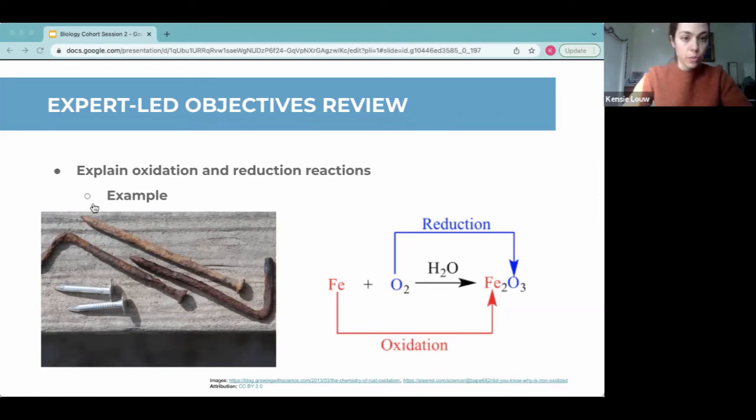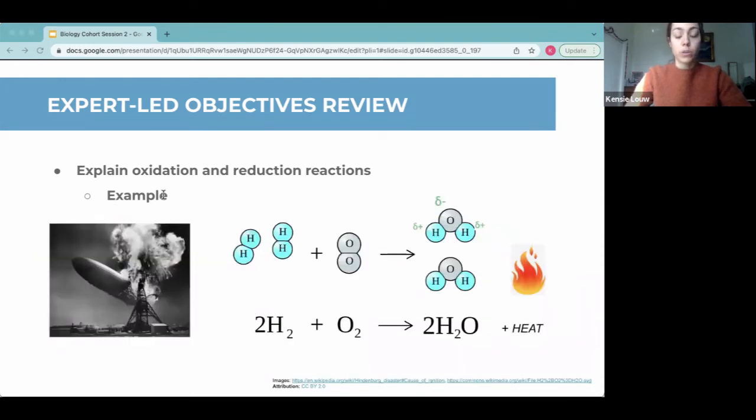Let's see if we can give a little more clarification on what's going on in a chemical reaction like this. We're going to do one more example. This example may be a little more abstract, and it is a chemical reaction between hydrogen gas and oxygen gas. Fun fact, this is a reaction that happened in the Hindenburg explosion, if you're familiar with that.